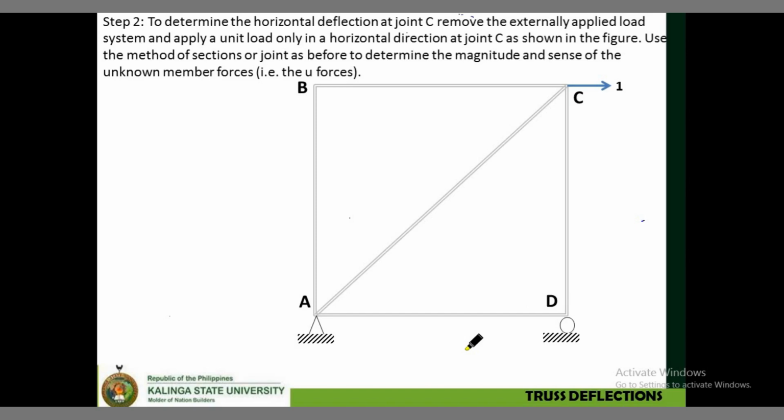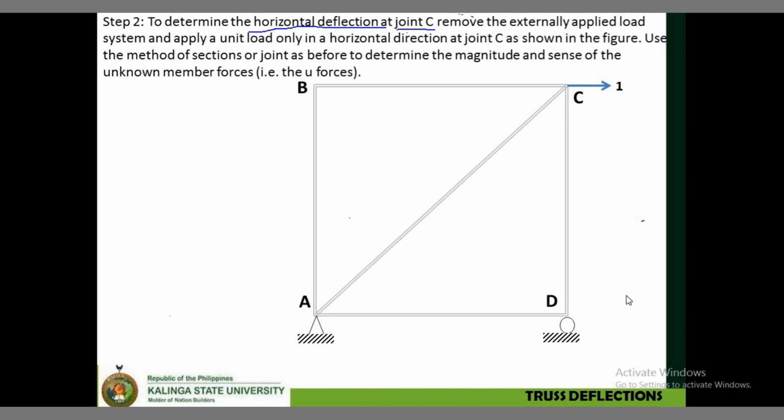So, from that statement na horizontal deflection, dito sa step 2, dapat yung inyong 1 unit load ay nasa horizontal direction at joint C. Nasa sa inyo na kung to the right or to the left. Ma-check naman natin mamaya. But as for me, my assumption here, my joint C will move to the right. So, dun ko ilalagay si 1.